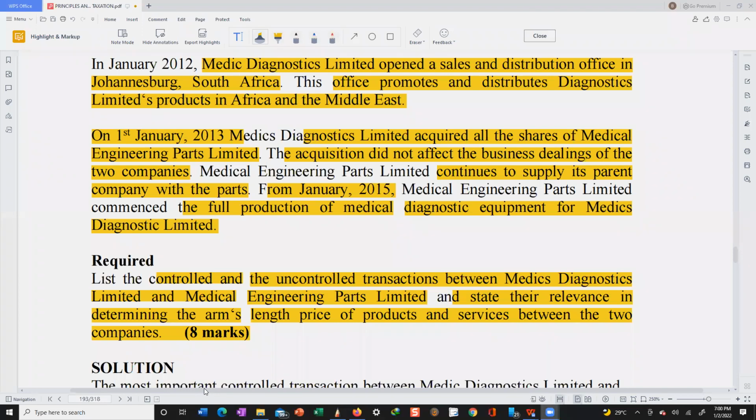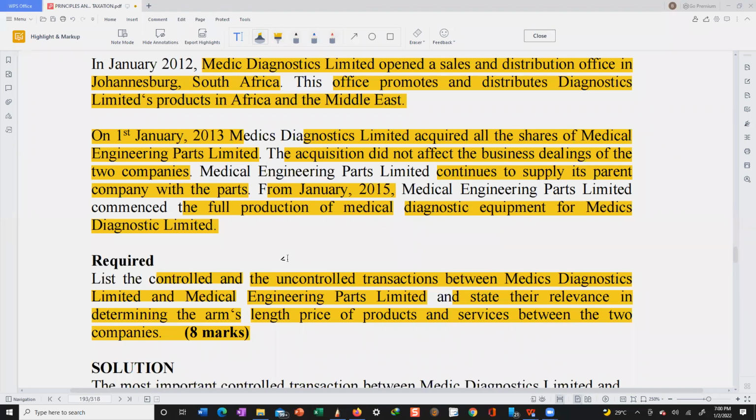Okay. So first of all, buying parts from Medical Engineering before the acquisition will be the first uncontrolled transaction. Also, if you buy parts from elsewhere, apart from Medical Engineering, it is also an uncontrolled transaction. The sale of products of medical diagnostic equipment in Africa and the Middle East is also uncontrolled.